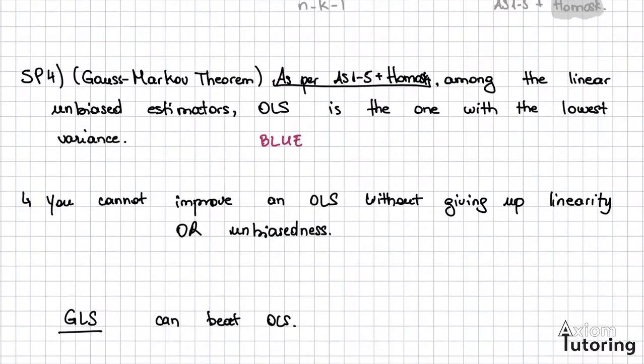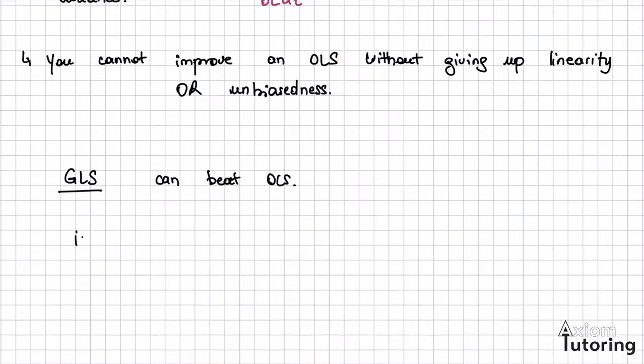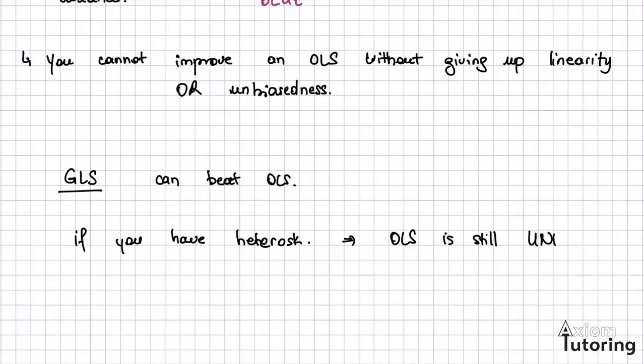So this brings us back to the fact that I emphasized this homoscedasticity assumption and why it needed to be repeated all of the time. It's because if you have heteroscedasticity, so let's say that homoscedasticity is violated, what happens is that the OLS is still unbiased.